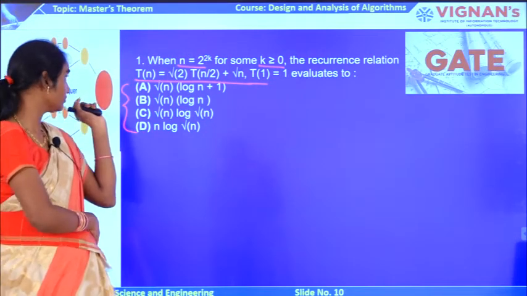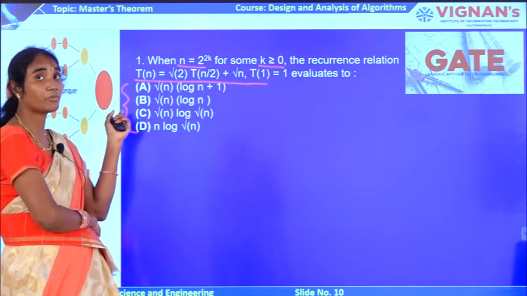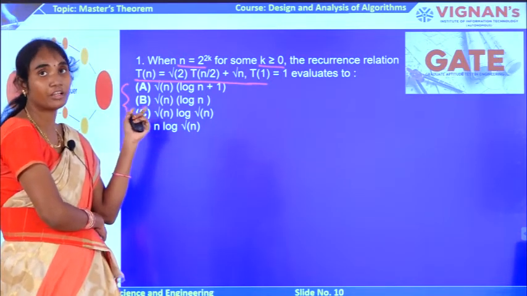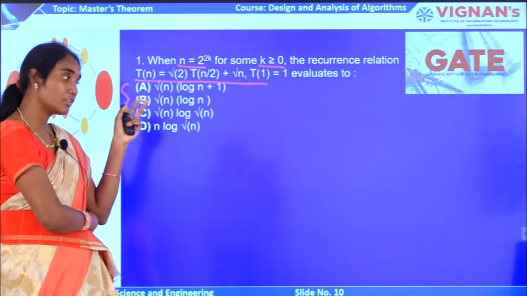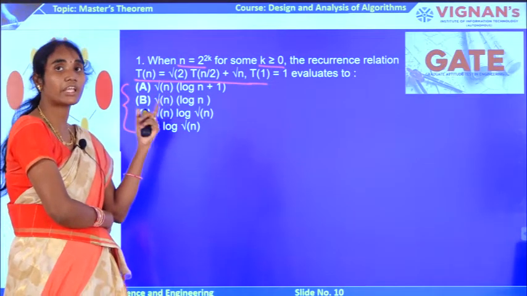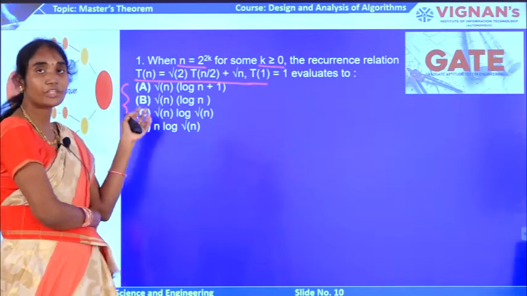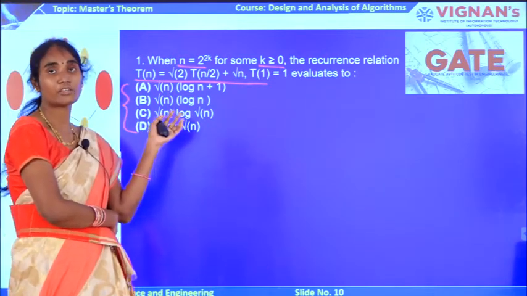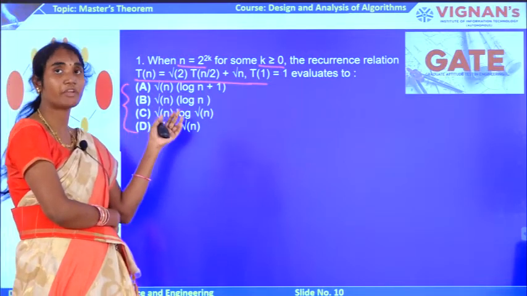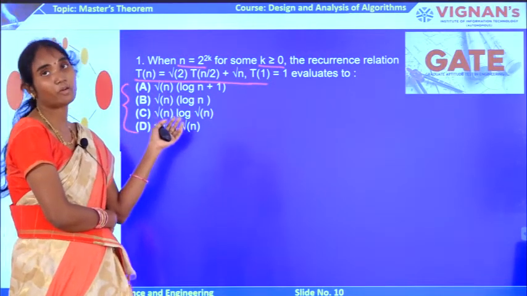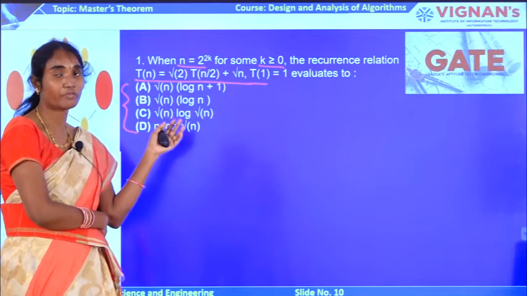Because if I try to find h(n) and u(n), it is not possible, since it does not come under any of the cases.